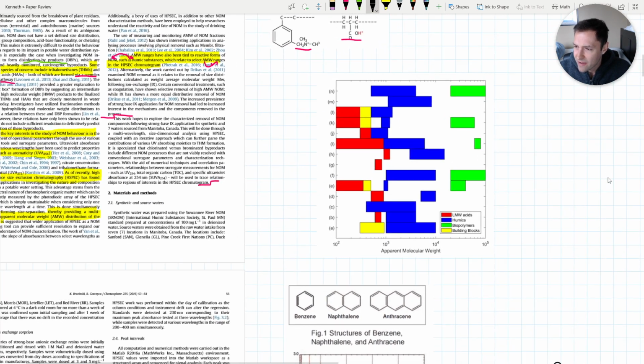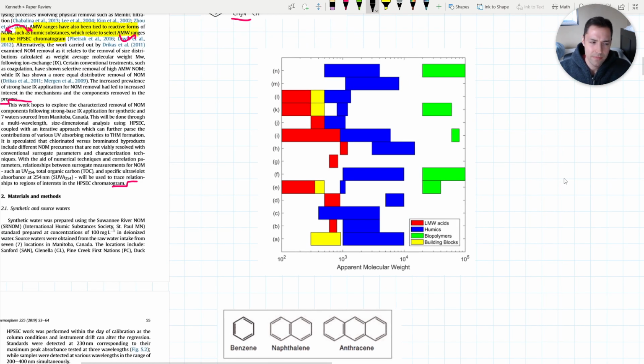And down here, I have this, which was from one of my other papers, and this has to do with characterizing natural organic matter as a function of parent molecular weight. These are all different papers, and in my other paper I have the references for these.